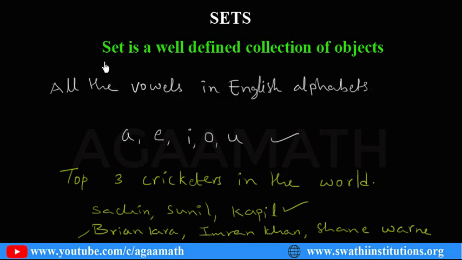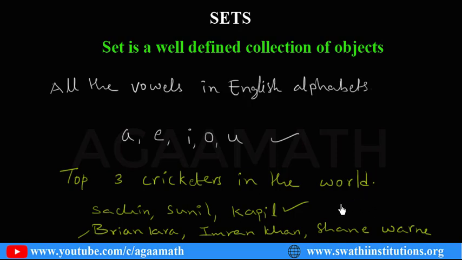Because here the definition is very clear: a set is a well-defined collection of objects. It means every collection is not a set; it should be well defined. Top cricketers in the world, whether in batting or in one day internationals or what, should be well defined. Top 3 cricketers in the world is not well defined.